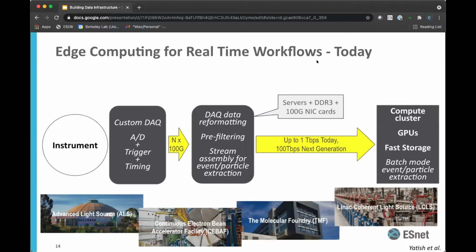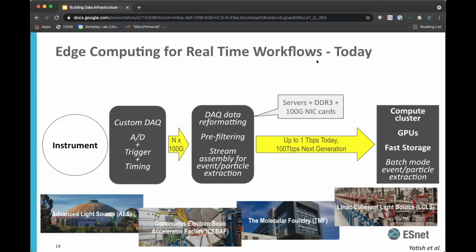This middle function is typically built out of servers running potentially some GPUs, and in order to keep up with the high throughput, it has a whole bunch of 100 gig NIC cards. So what actually happens is that you have a middle system that is reasonably expensive. It's general purpose computing with GPUs, so there is some flexibility, but the fact is you don't need that much flexibility.